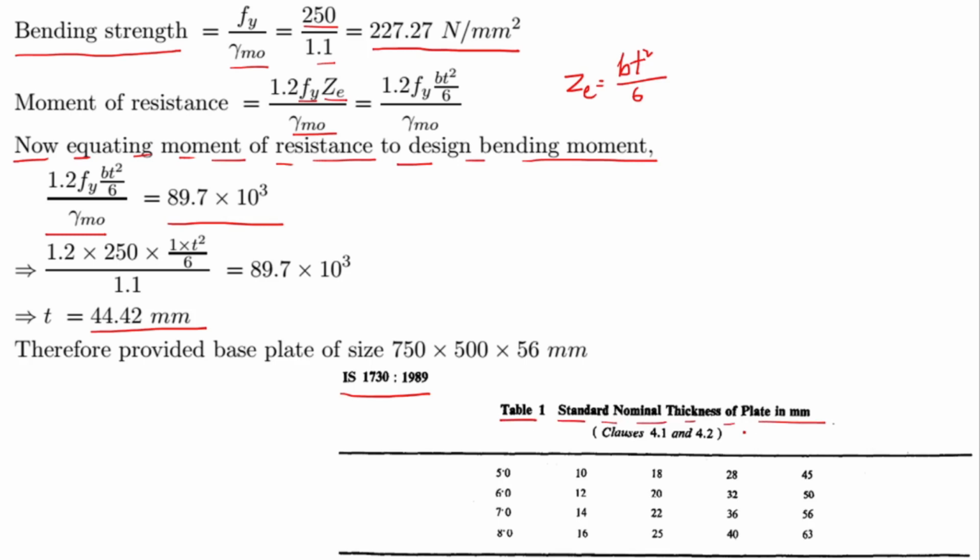If I have to provide a plate thicker than 44.42 mm, we have to provide a 56 mm thick plate. That's why provided base plate of size 750 mm into 500 mm into 56 mm. 750 into 500 is the size of the plate and 56 mm is the thickness of the plate.